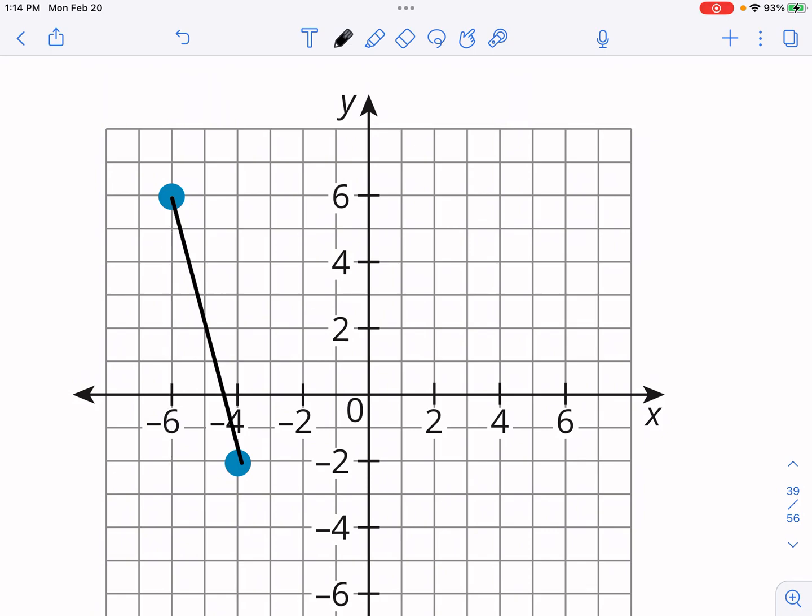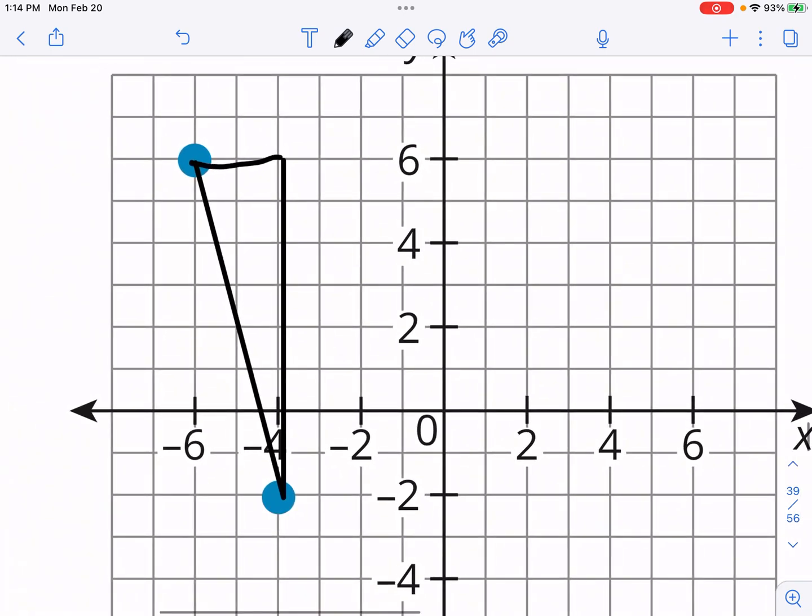Normally for slope, we care about rise and run and direction. But remember, distance is not important that it's negative. It's always going to be positive. So 1, 2, 3, 4, 5, 6, 7, 8 units vertical, 1, 2 units horizontal.